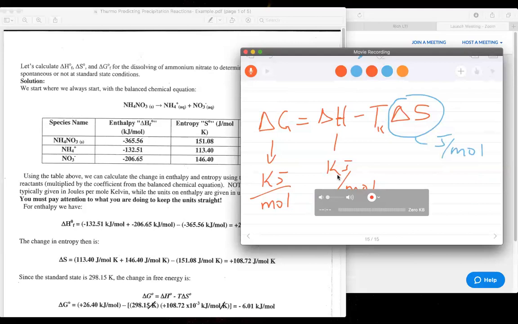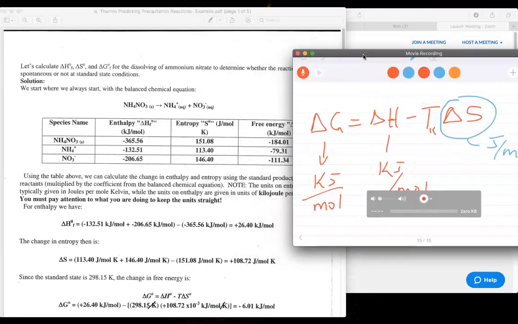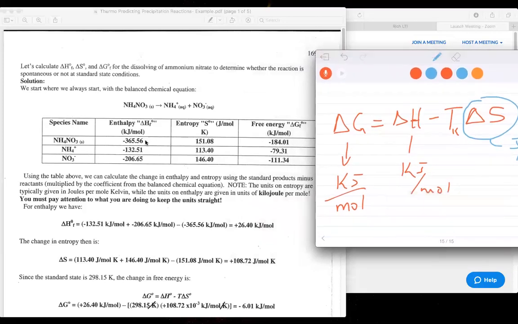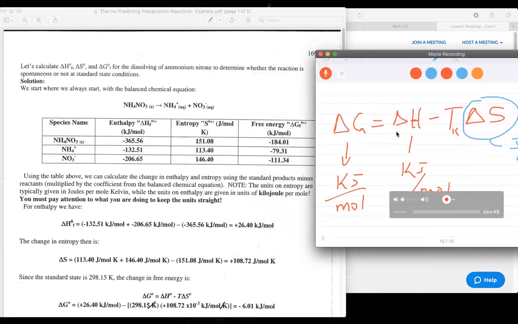For example, if you look at the thermodynamic terms here, this is in kilojoules. We cannot ignore this. Look at the units, joules per mole. This is in kilojoules per mole, and this one is in kilojoules per mole. So for this to be in kilojoules, we need to change that.